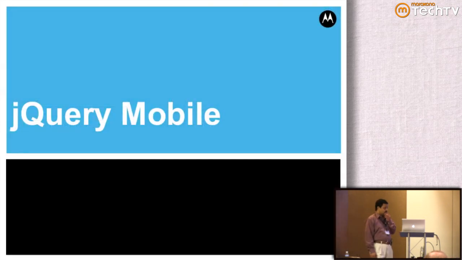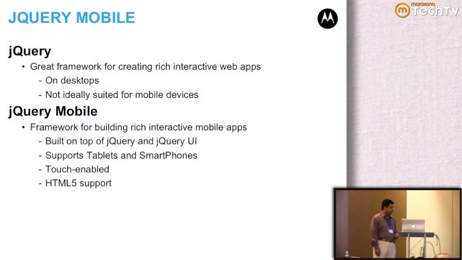I am going to show you some techniques to achieve what I just showed you through the usage of jQueryMobile. For those of you familiar with building web applications, I am sure you have come across jQuery. It is a great library for building web applications.